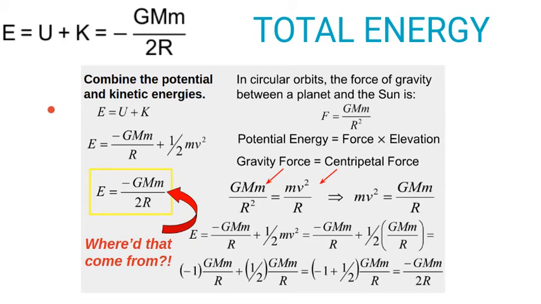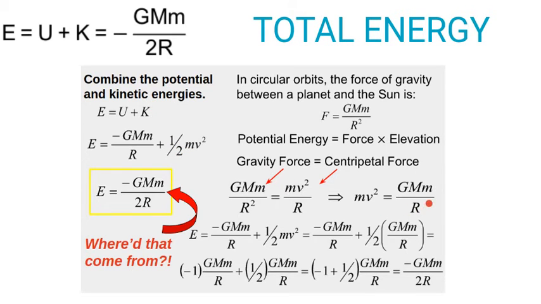So one of the things I talked about in a previous video is that the centripetal force and the gravitational force for an orbiting body are the same value, which means we can rearrange this to solve for mass times velocity squared. So this is equivalent to mass times velocity squared. So if we look at this, we have the potential energy, which we've talked about, and the kinetic energy, which we've talked about.